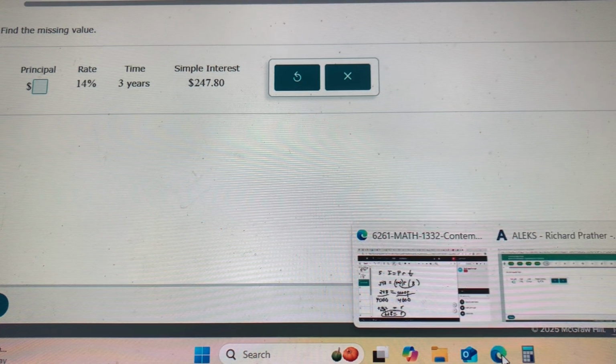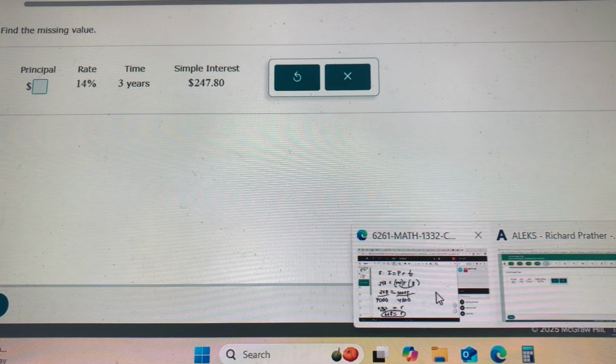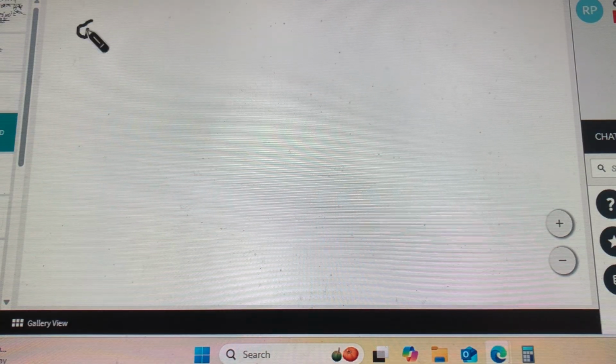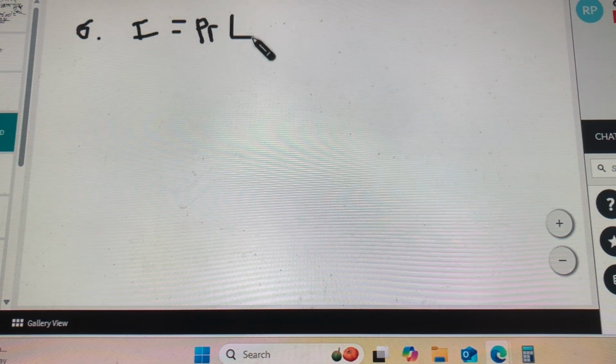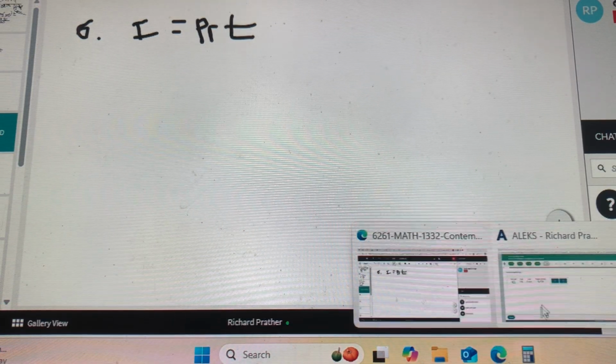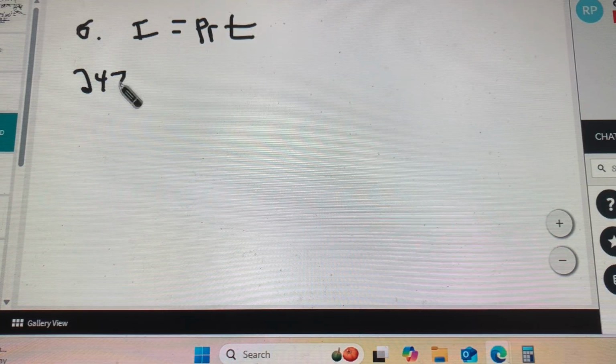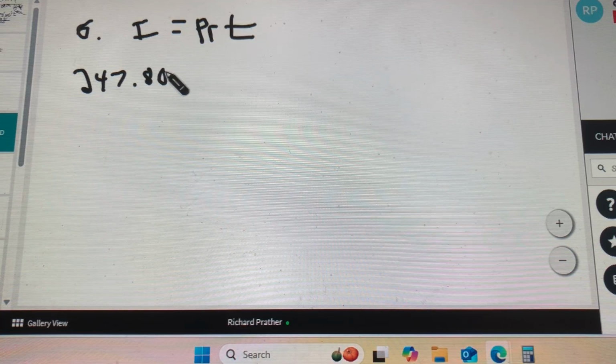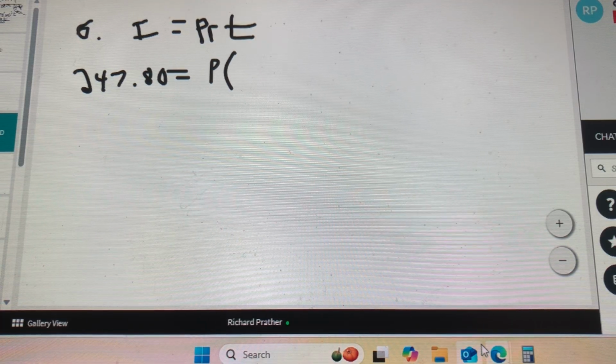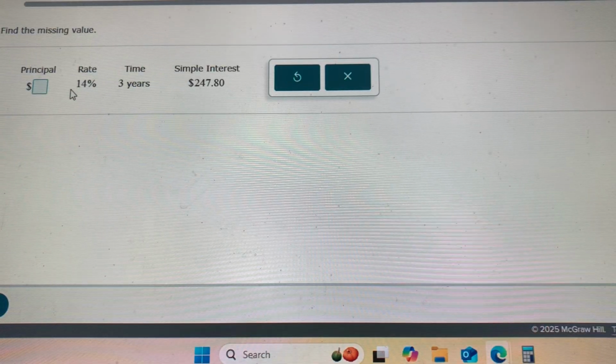So the interest is $247.80. We don't know the principal or present amount. There should be a rate as a percentage and then change it to a decimal. 14%.